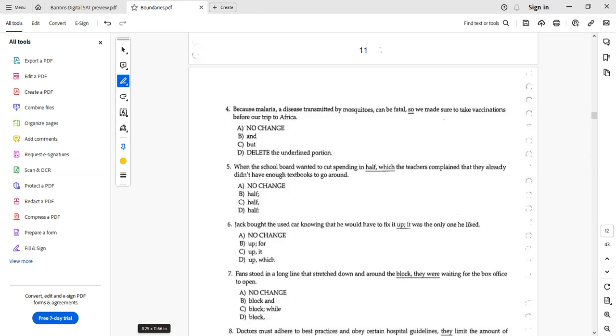Mesa, 4 right, 5 right, 6 right, 7 wrong. Only number 7.